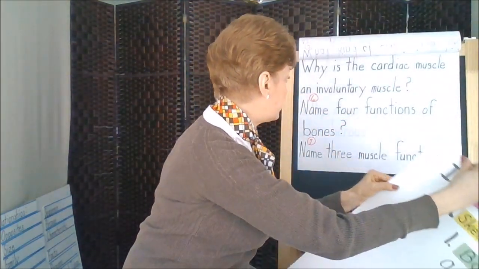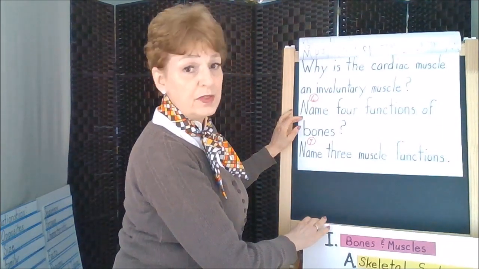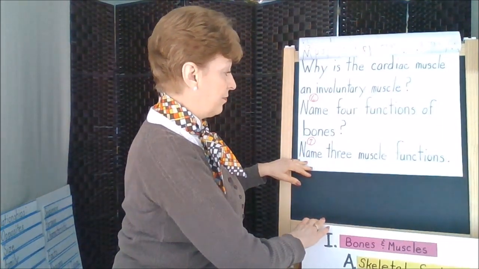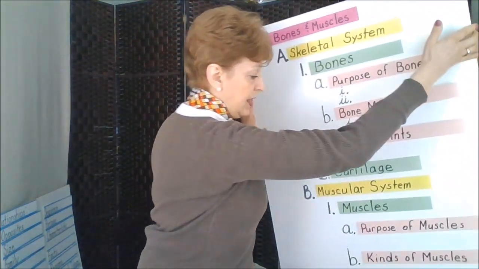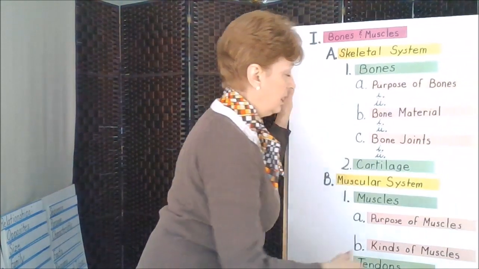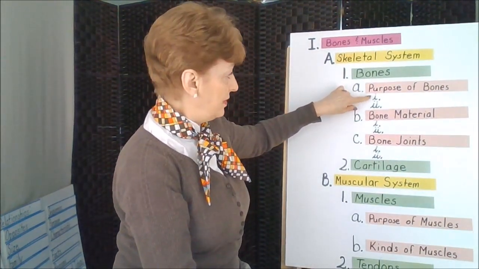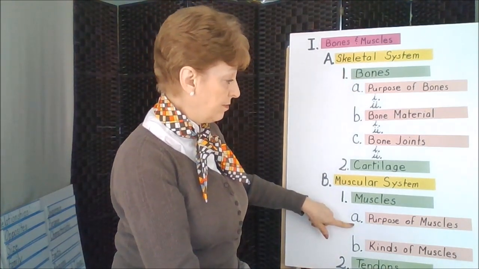The next question, 6, asked for 4 functions of the bone, and number 7 asked for 3 functions of the muscles. So if we had to search that out again, purpose of bones, that would be a function, a purpose, and purpose of muscles.